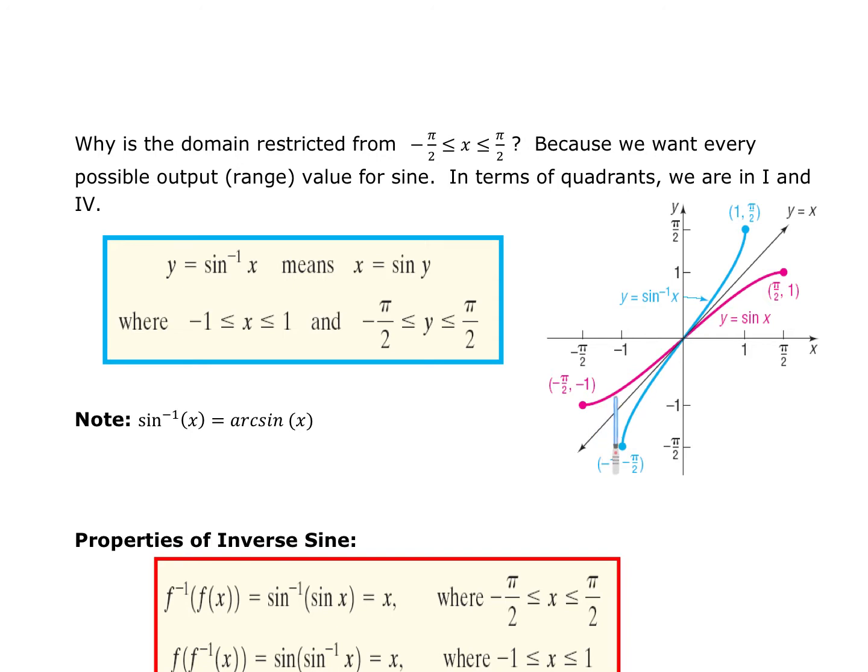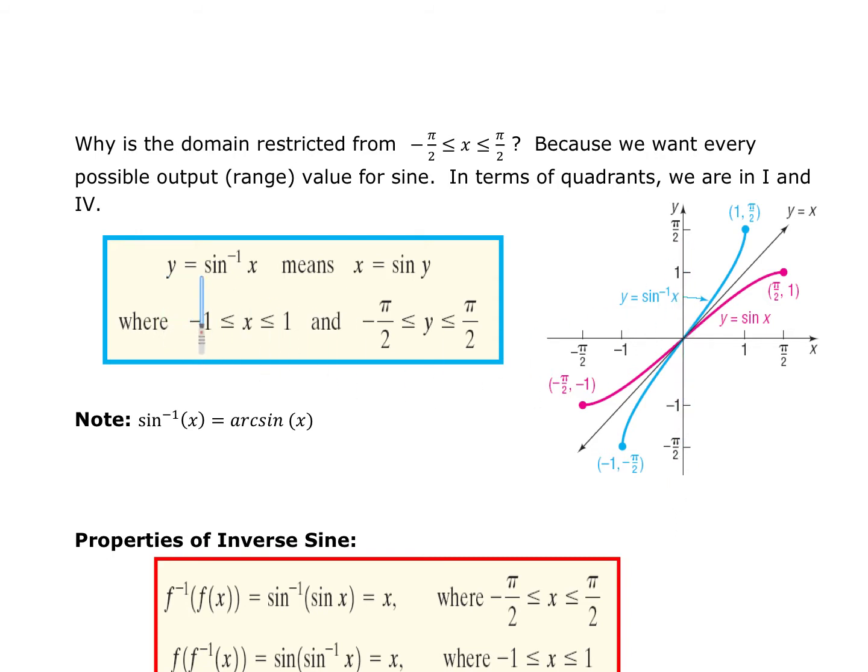My outputs were numbers between -1 and 1, inclusive. I'm going to include those. And this blue graph here represents the inverse function. Notice that I am putting in the ratios. So from -1 to 1, those are what get put into my inverse, and the outputs are going to be angles between -pi/2 and pi/2.